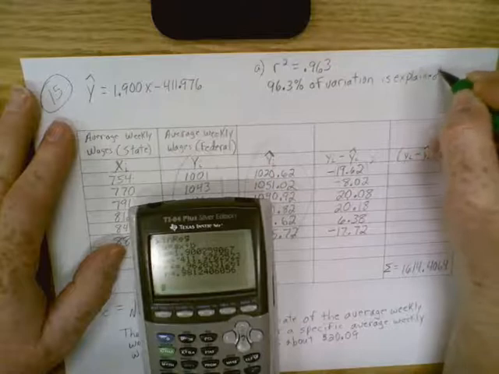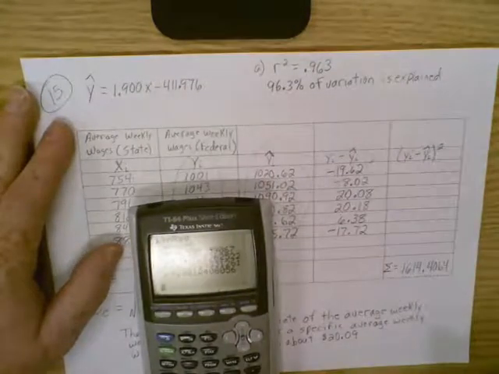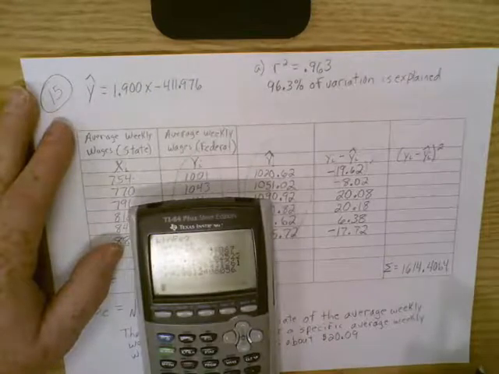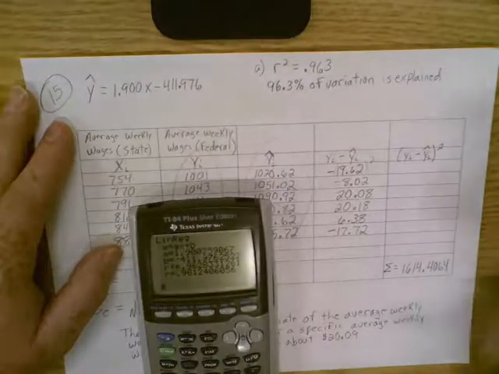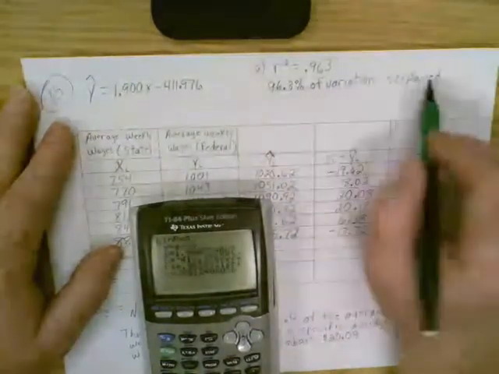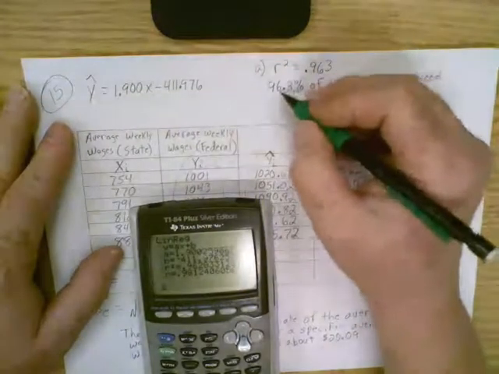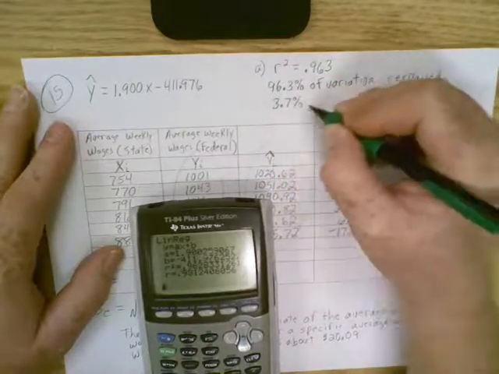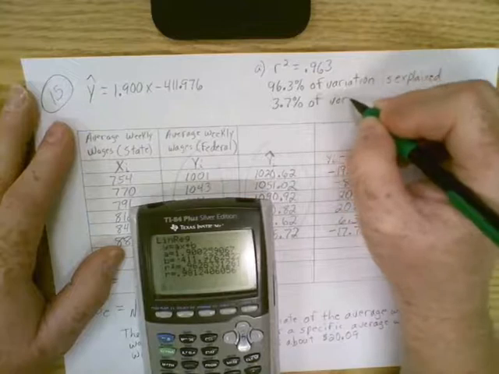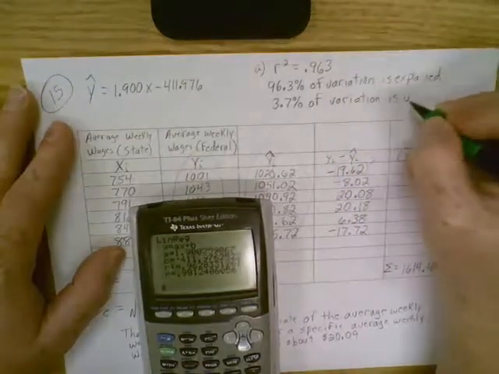Normally, to explain it a little better, you'd say 96.3% of the variation in wages of the federal government employees can be explained by the variation in wages for state employees. So you'd go through all that. I'm not worried about that right now. 96.3% of the variation is explained, and then that means that about 3.7% of the variation is unexplained.